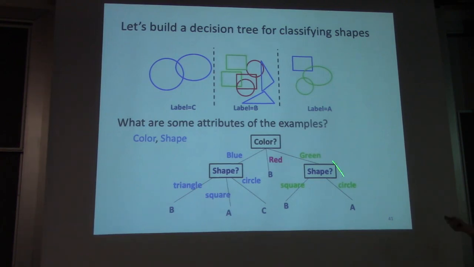But for this particular case, the reason we don't have a triangle branch here is because the subset of shapes associated with this node does not contain any triangles. The subset which has triangle shapes is actually empty, right? So in this case, we usually use the majority label in this subset as the label.